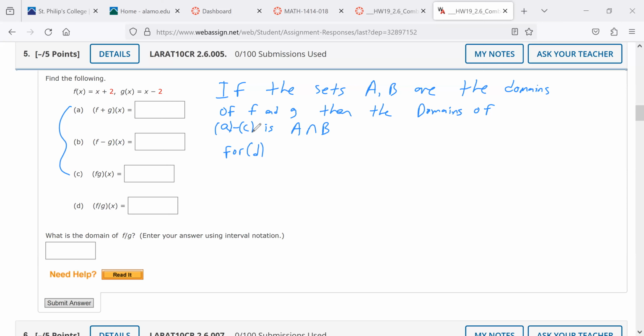D is almost the same, you just can't divide by 0. Okay, so for D, we'll call this the first one.